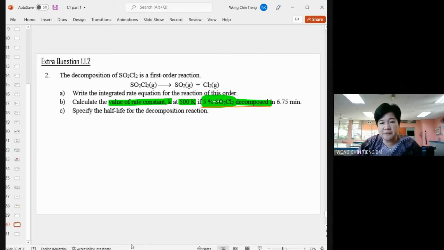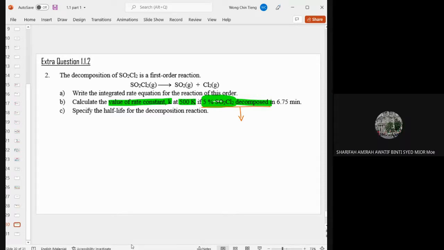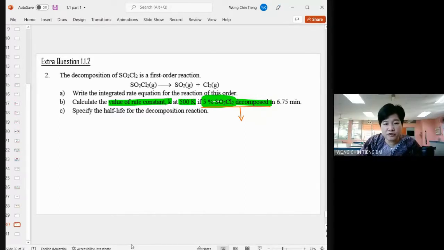Soalan saya, 5% ini adalah tinggal atau guna? Use. Guna. Decompose maksudnya diceraikan. Digunakan. Alright? Reacted.